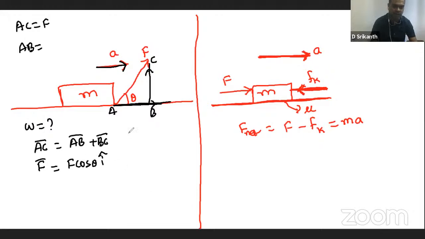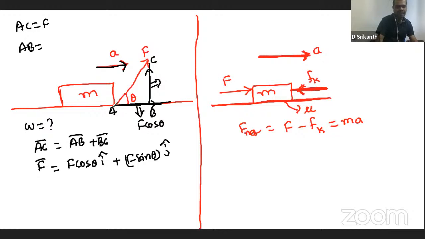And BC is acting vertically upwards, parallel to the positive y-axis. The value of BC is F sin theta. Since it is vertically upwards, I can write it as F sin theta j cap.